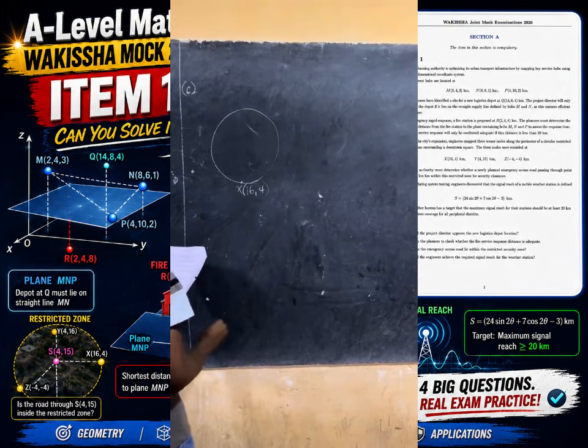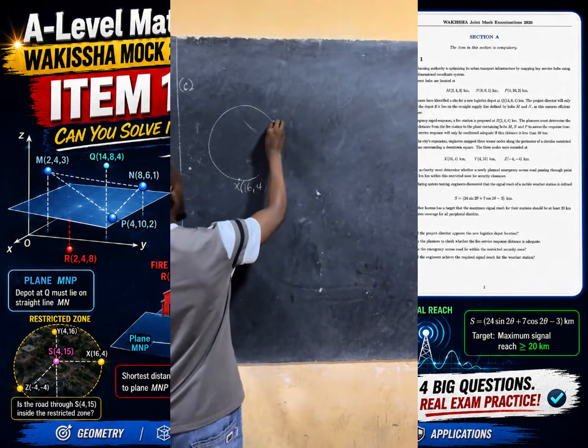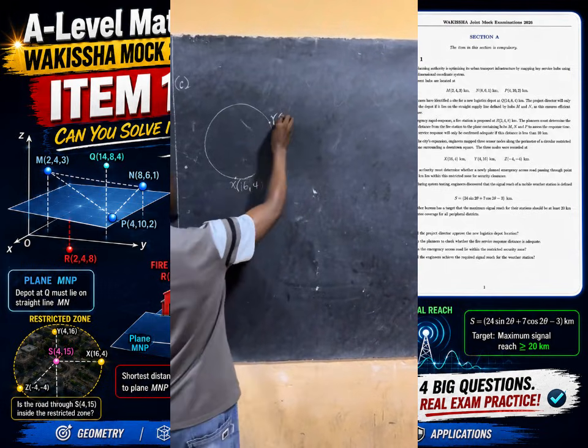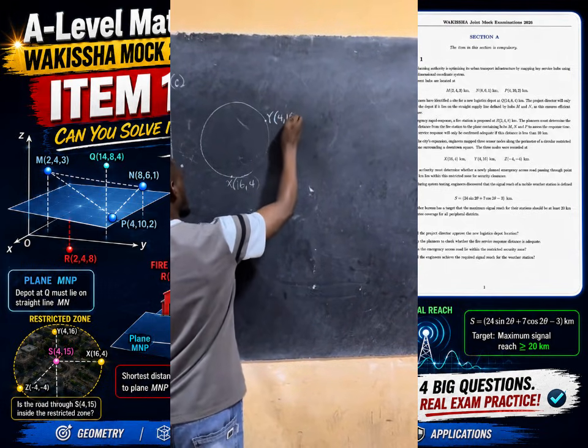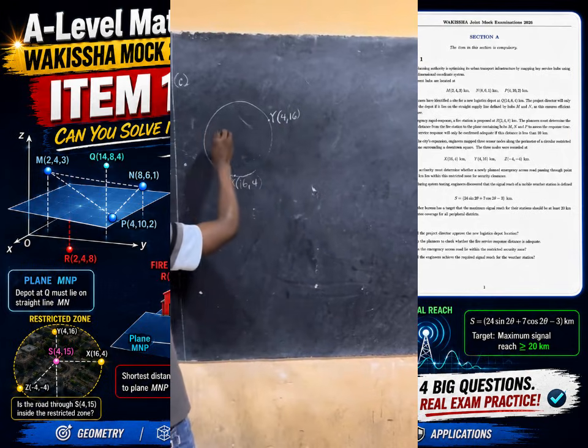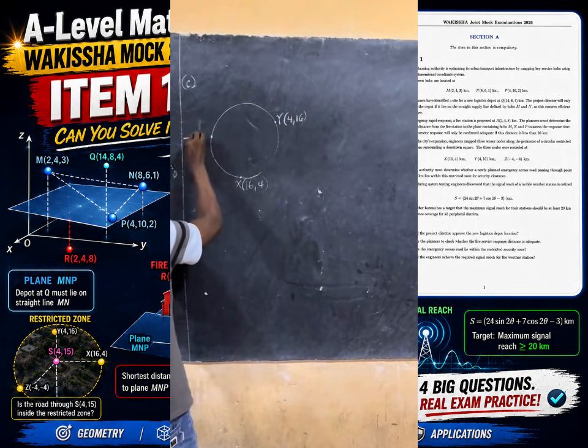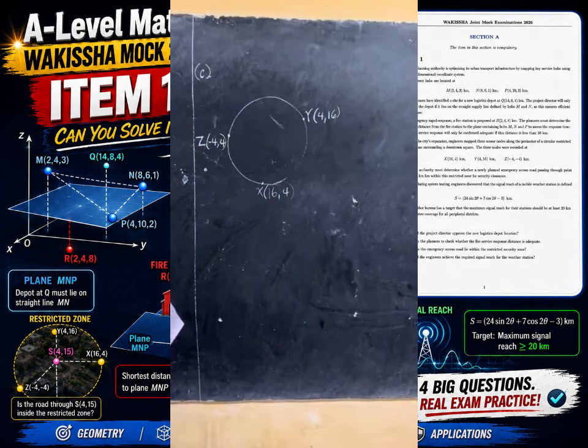Then we have another one, I can say it is at Y, and Y is at 4, 16. Then the other one is at Z, and the coordinate at Z is, okay.